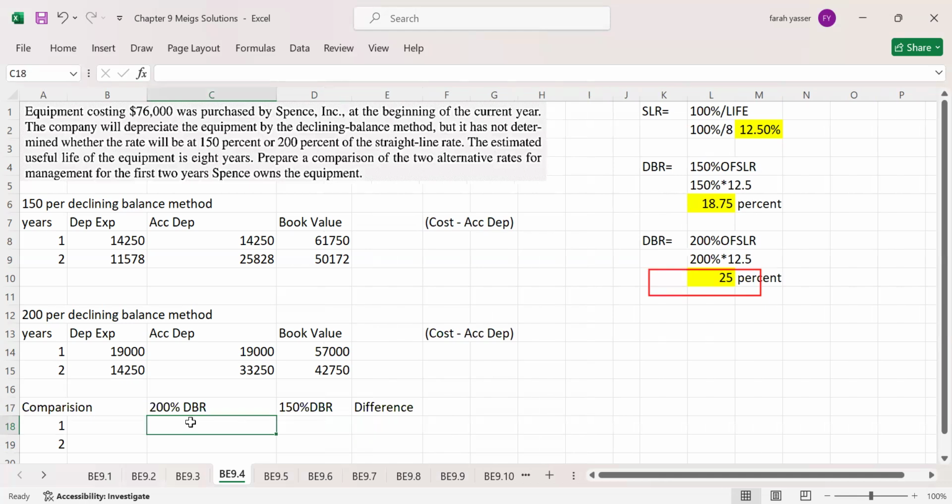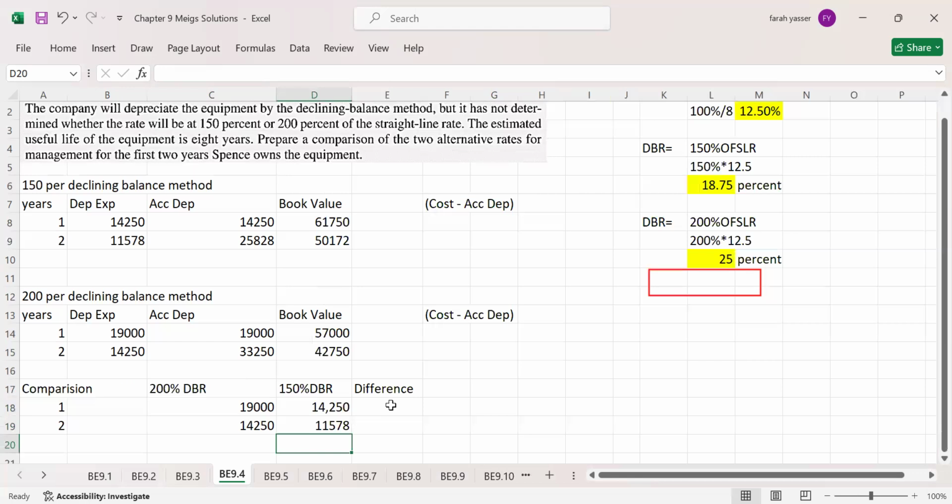Now see, depreciation expense in the first year is 19,000. The second year is 14,250. Whereas in case of 150%, we have 14,250, and the next year we have 11,578.